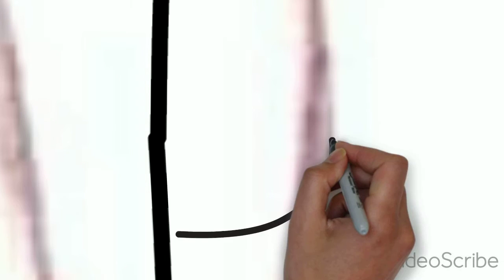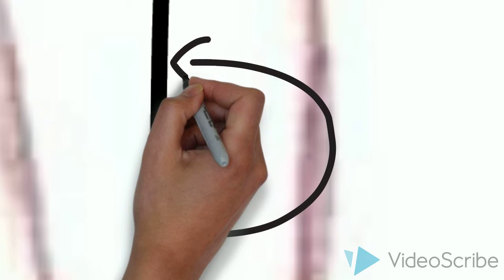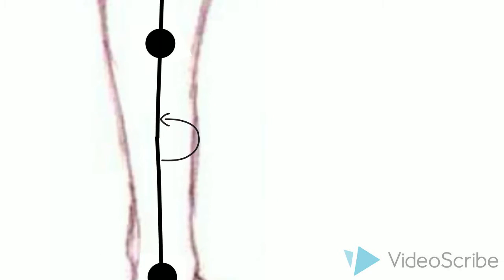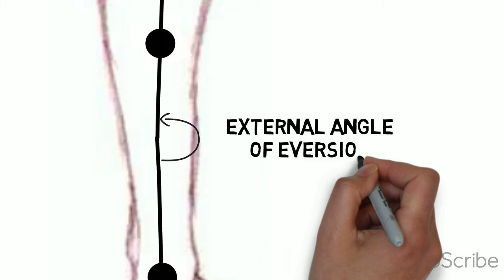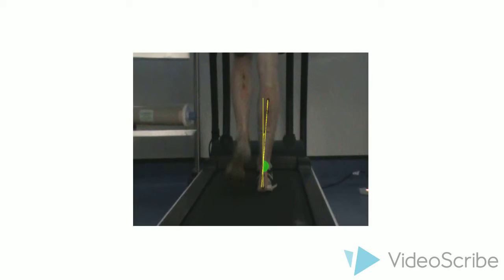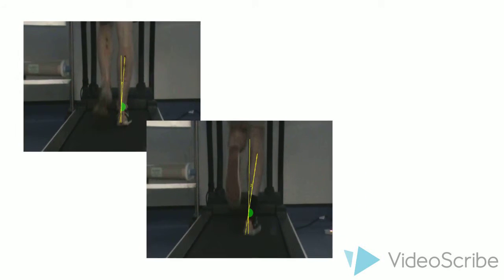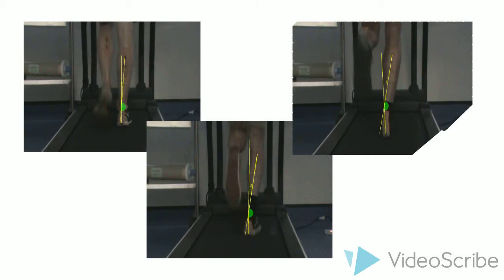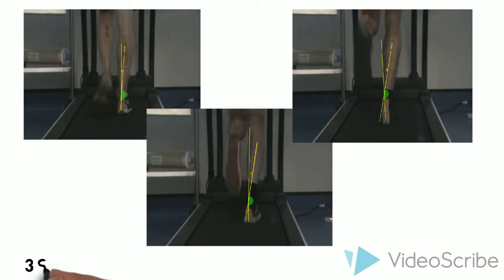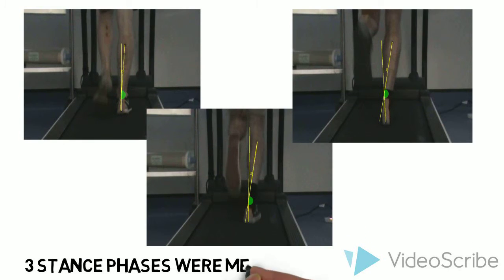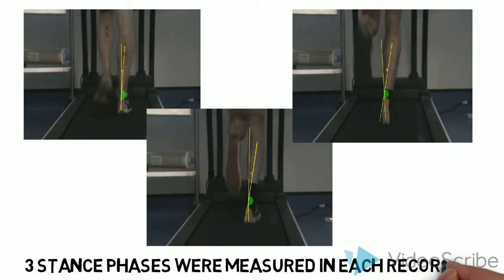The external angle created by the intersection of these two lines was measured as the angle of eversion. 3 examples of this kinematic analysis using Silicon Coach are displayed here. Using this program, we were able to measure 3 stance phases during the final 30 seconds of each speed.